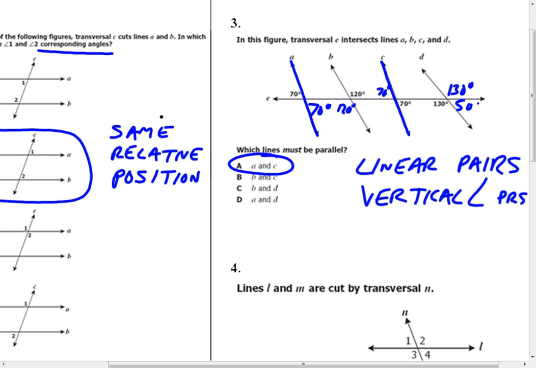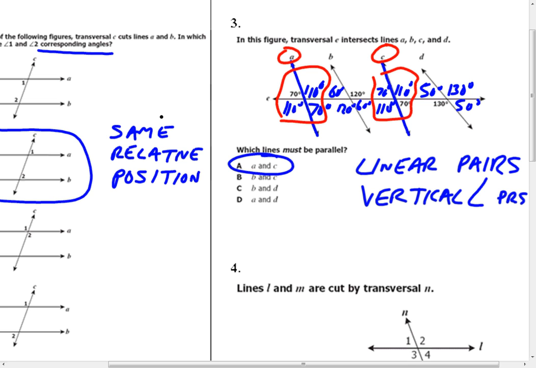I'll start putting in linear pair angles. I'll fill up everything. And then I'll look for systems that look exactly the same. This system looks exactly the same as this system. All of the angles correspond. Therefore, I want A and C.